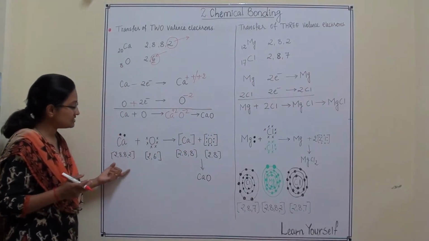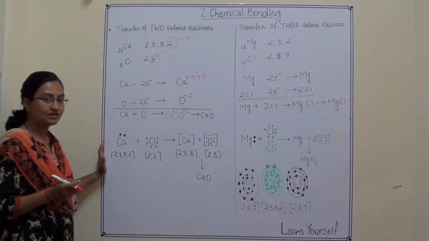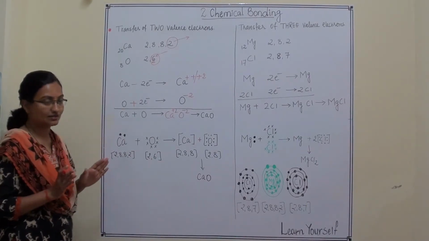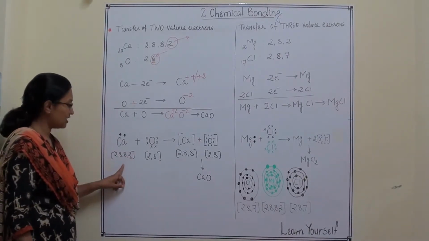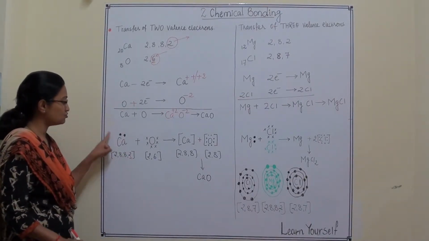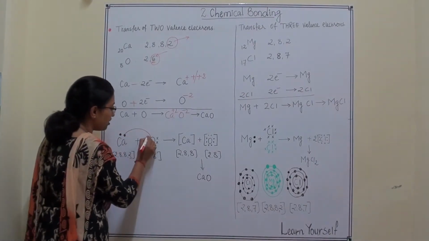We will see this with the help of an electron dot diagram. In an electron dot diagram, we show only valence electrons. So in calcium, there are 2 valence electrons. Both of these electrons will be donated to oxygen.